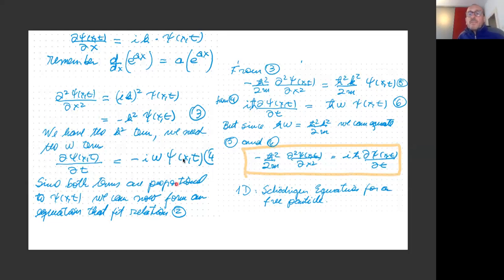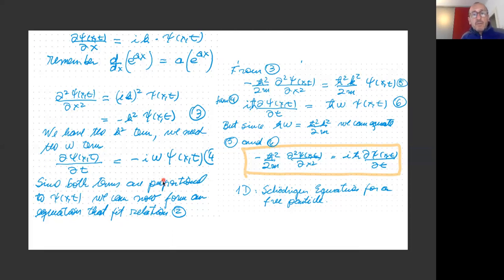Well, I could say that minus h bar squared over 2m times the second derivative of phi with respect to x squared, which is this expression here, is equal to, look at this, the energy: h bar squared k squared divided by 2m times phi. I obtained this simply from equation 3, multiplying by minus h bar squared over 2m.